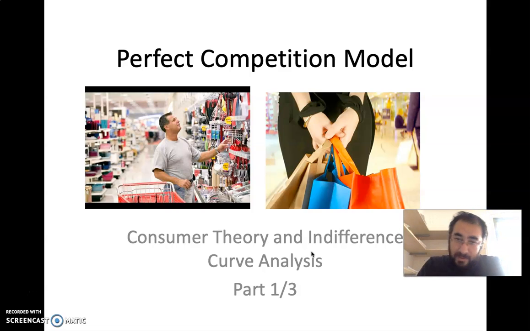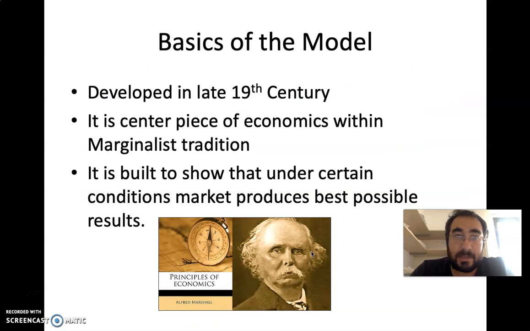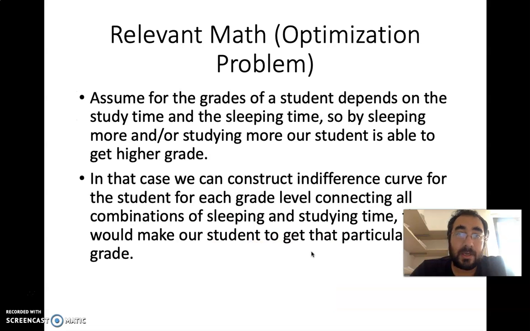Actually, you might try to apply it, but mainly it is built as a model for goods and services, and it was created by Alfred Marshall. Let me mention that.